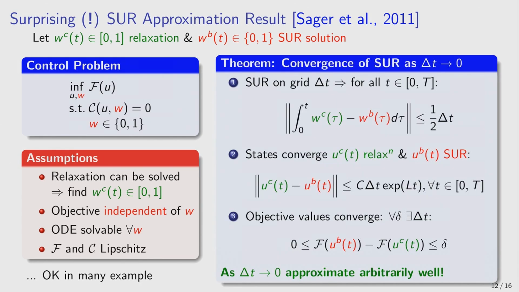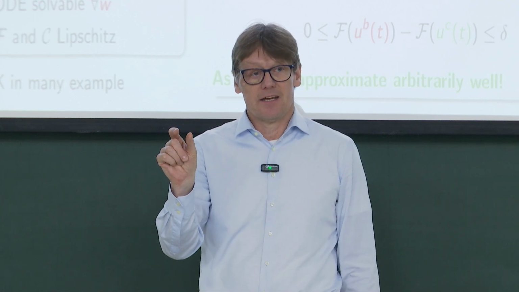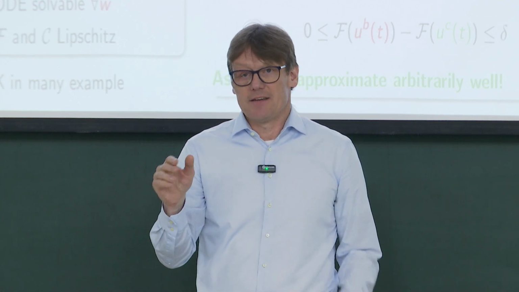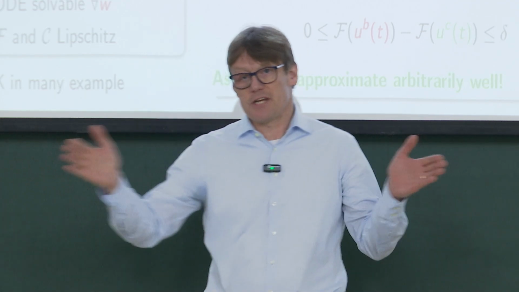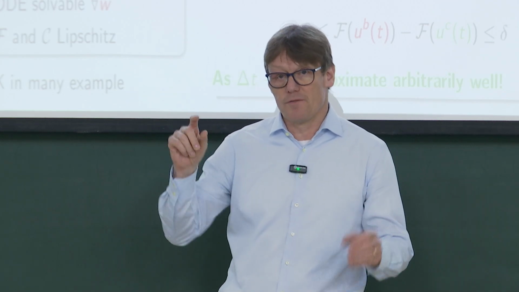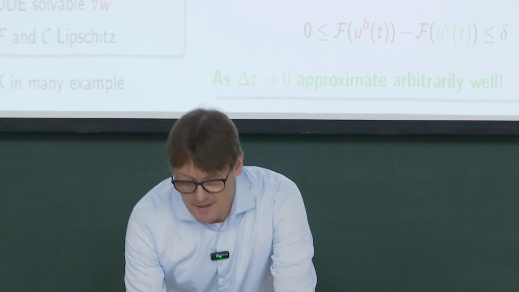And then there is this simple set of results. So the first one is that you can compare the integral over the continuous solution with the binary solution, and that's almost always at most half a glass. So delta t is the width of my glass, the size of my glass, and no matter how long the time horizon is over which I do this rounding, what I'm left over with is at most half a glass.